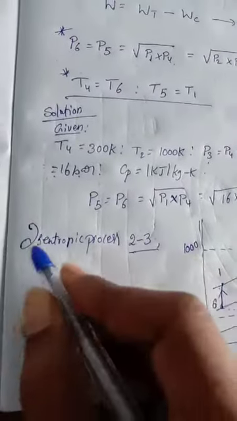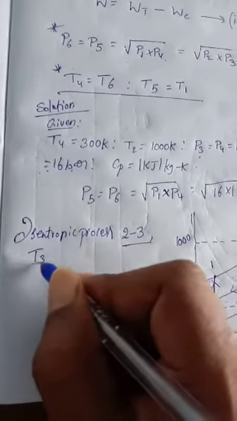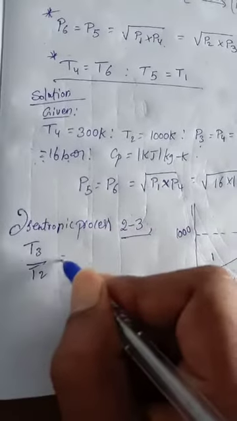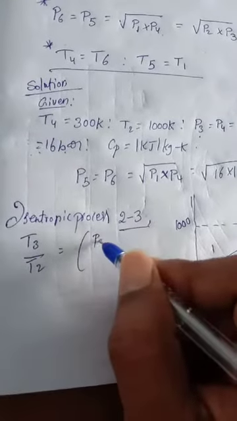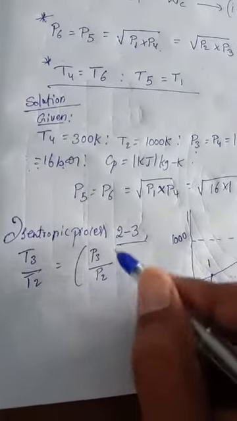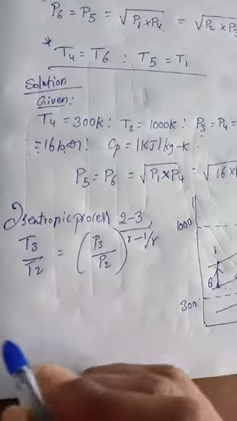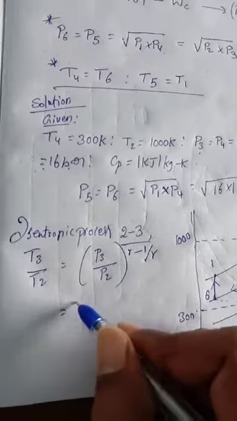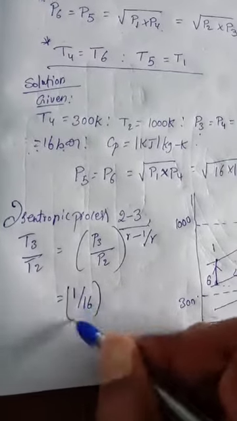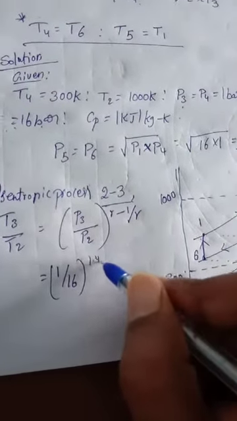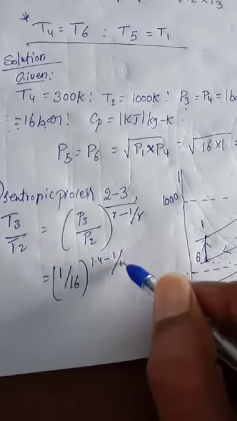So process 2 to 3, then we can write T3 by T2 is equal to P3 by P2 whole power gamma minus 1 divided by gamma. So then 1 by 16, 1.4 minus 1 by 1.4.